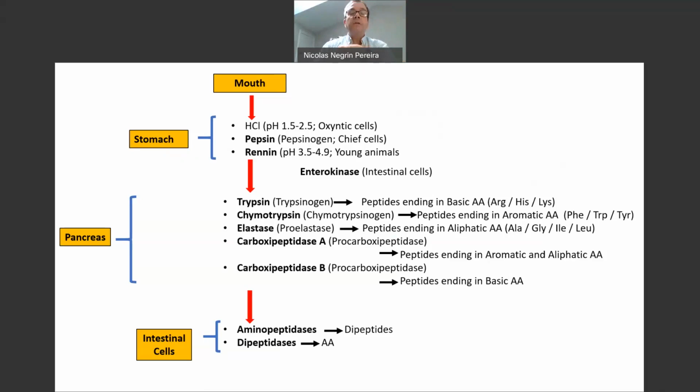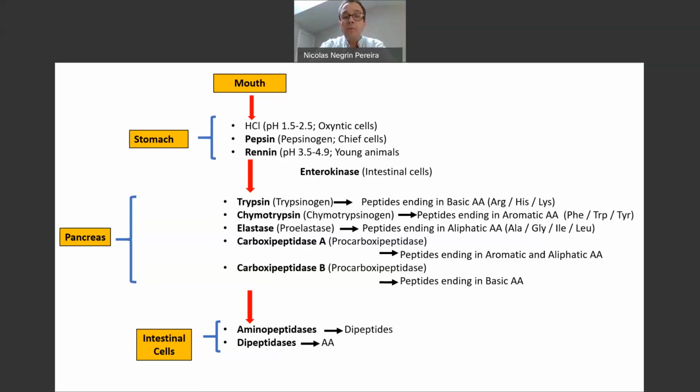And that will actually contribute to the transformation of pepsinogen into pepsin. Pepsinogen is a proenzyme secreted by the chief cells. And so pepsin is going to be fundamental for the breakdown of proteins.